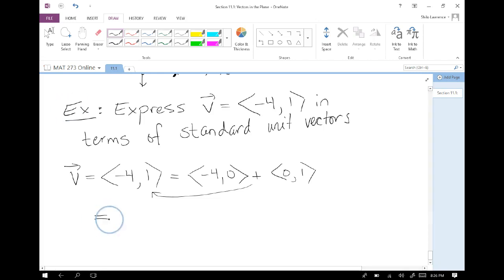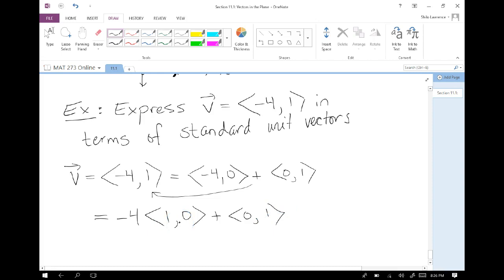Now we also can pull out the magnitude of those vectors. We can factor it out. So I can say this is equivalent to -4 times 1, 0 plus 0, 1.